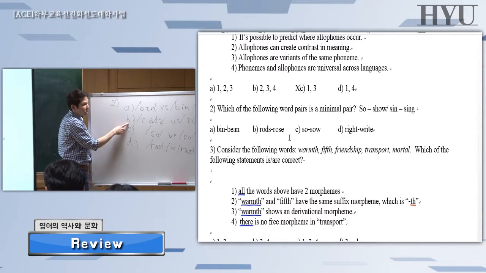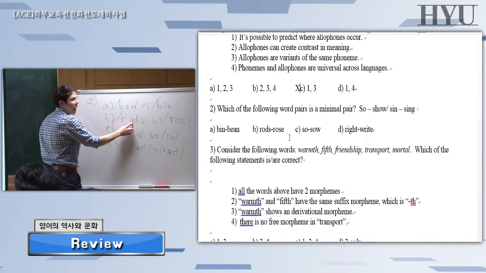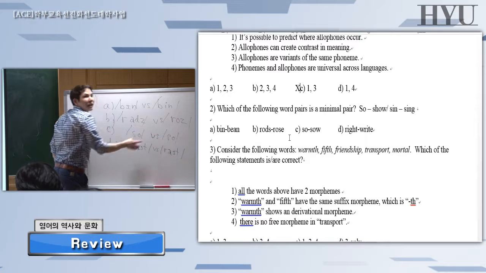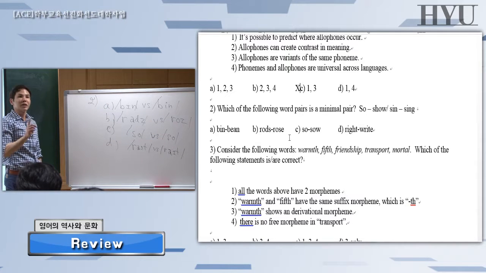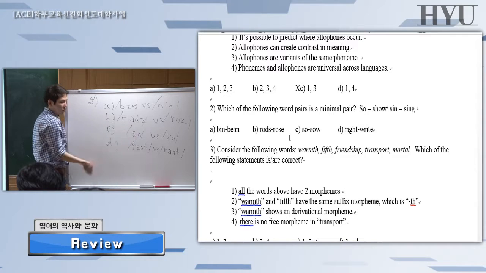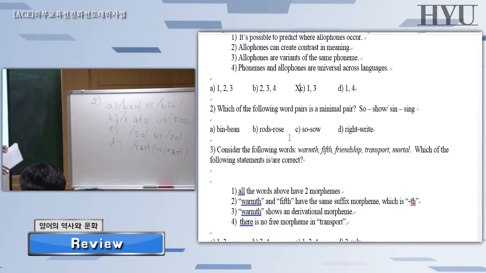Number B, you have 2 differences, the A and the O, and D here and without the D there. So you have more than one. That's not a minimal pair. Number C, so and so, there's no difference, right? So same thing. And number D, right and right, same thing again, no difference.